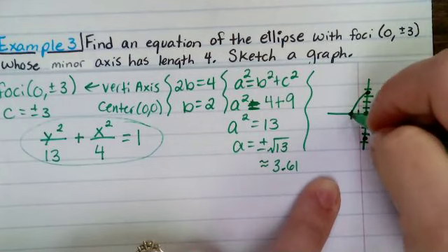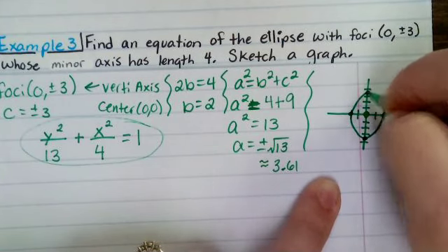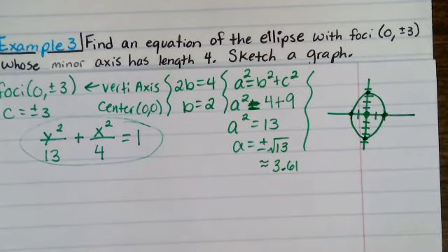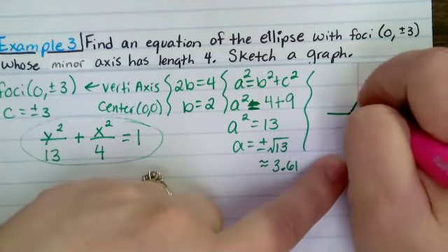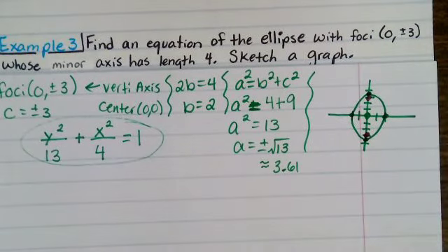And you just do your best to make a little oval shape. Look like a little football. It doesn't have to be gorgeous. You could include those foci, that's a nice, important thing that we could include, right in here and right here. But there's a little sketch of the graph. That's good.